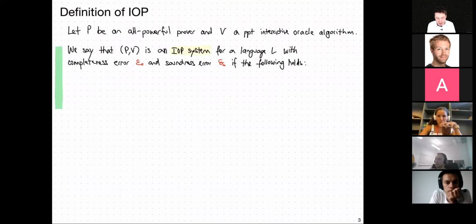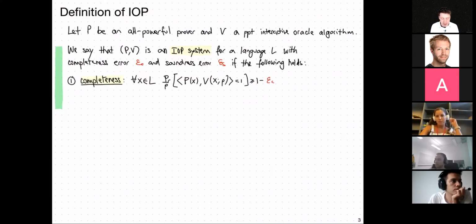We say that such a pair is an IOP system for a language L with completeness error epsilon c and soundness error epsilon s if the following holds. Well, syntactically, we've seen this type of statement before, right? So for every x in L, the probability over the verifier's randomness that the verifier accepts when interacting with the honest prover is at least 1 minus epsilon c.